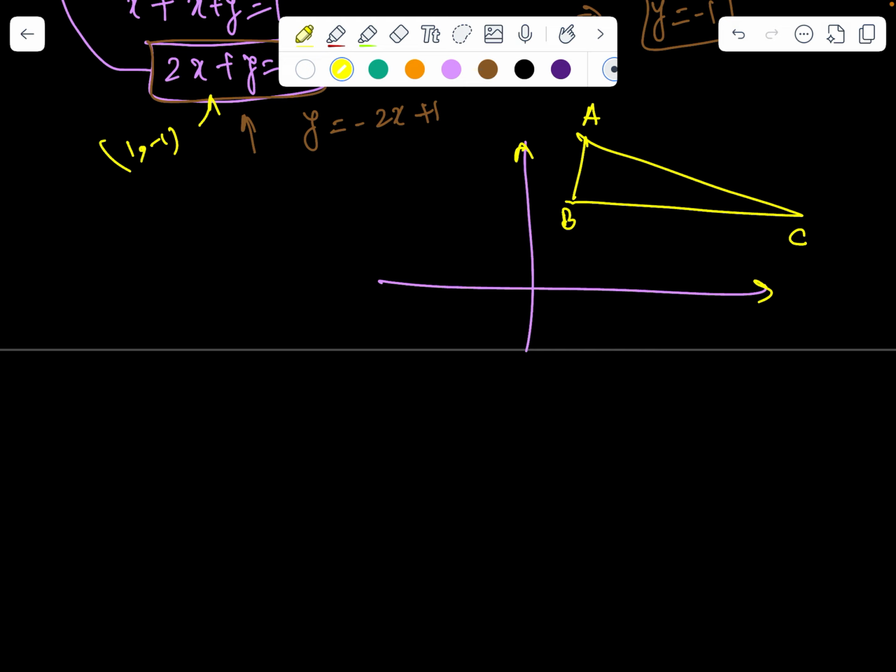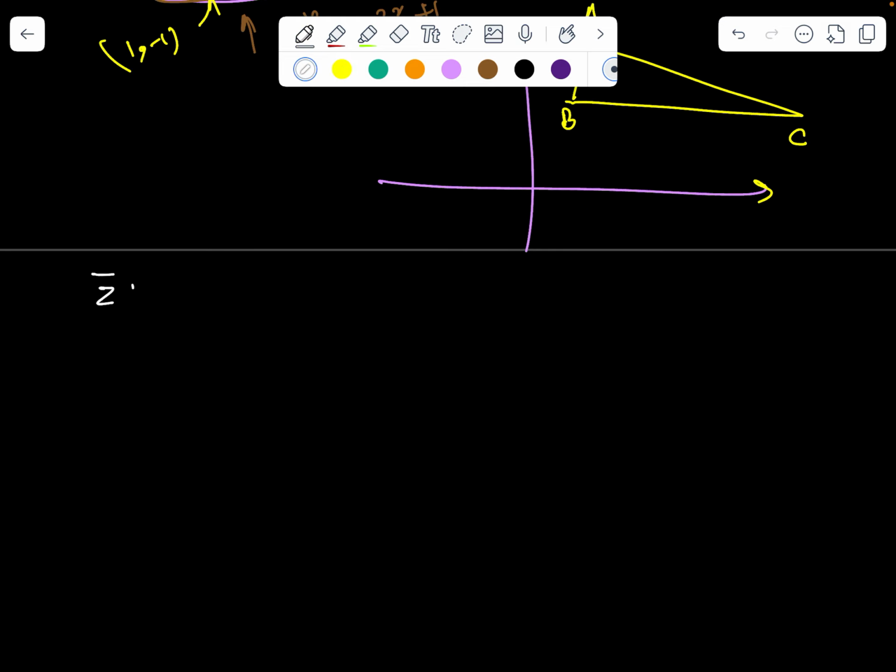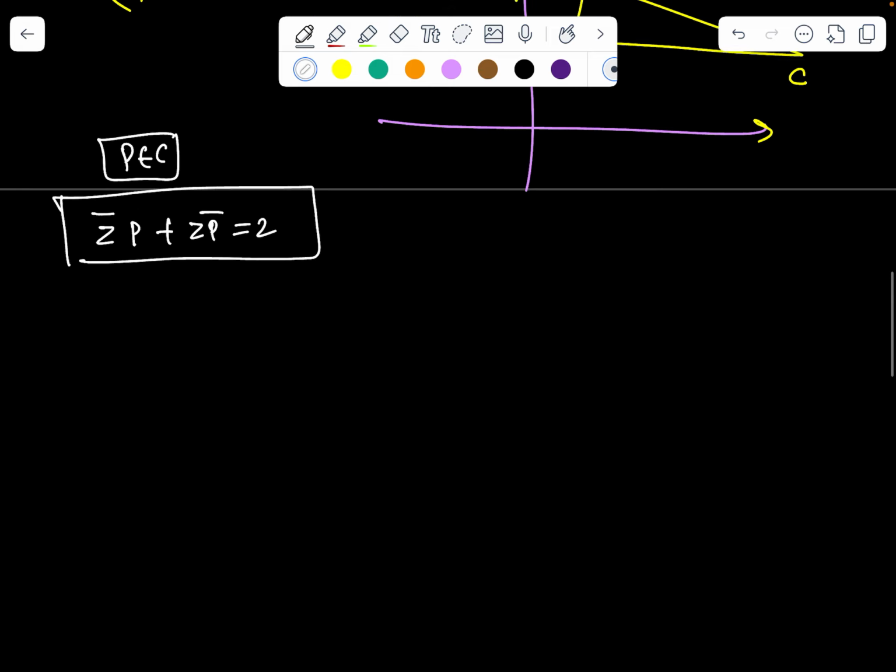And before we go further, I'll just recap how a line is represented in the complex plane. So let's say z is a complex number and p is any other complex number, so z bar p plus z p bar equals c will represent a line not passing through the origin. Let's see why.